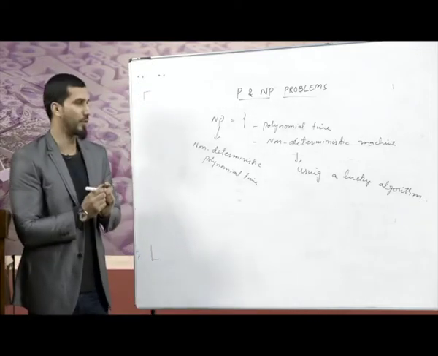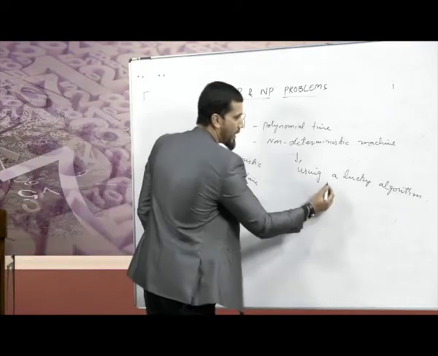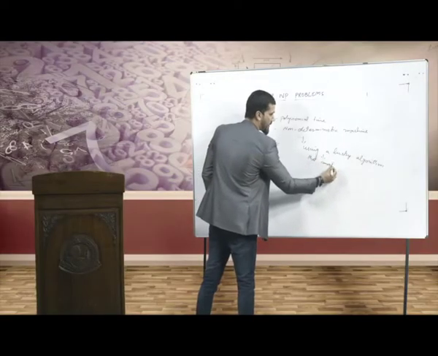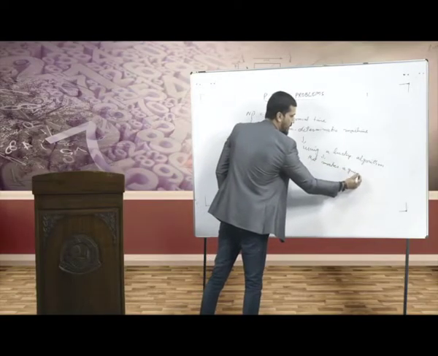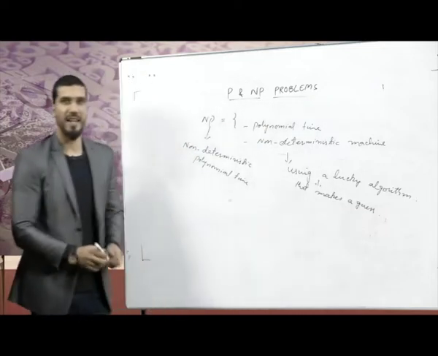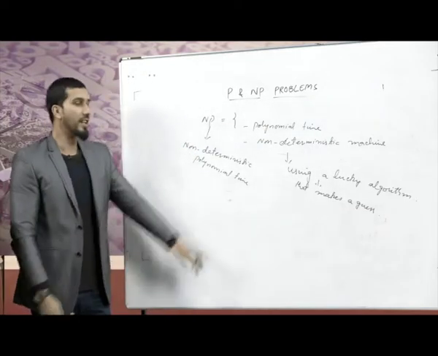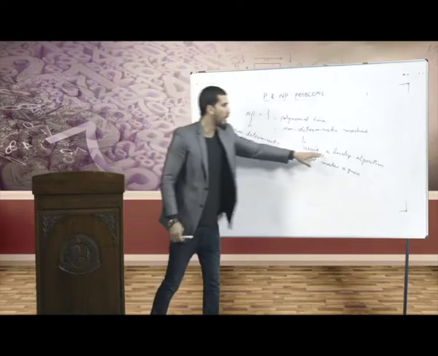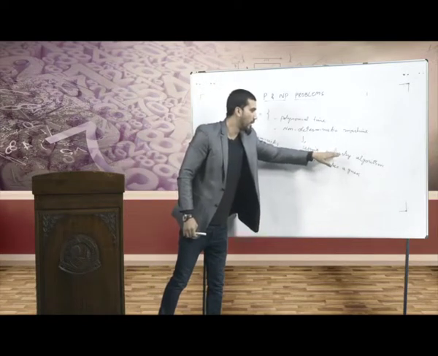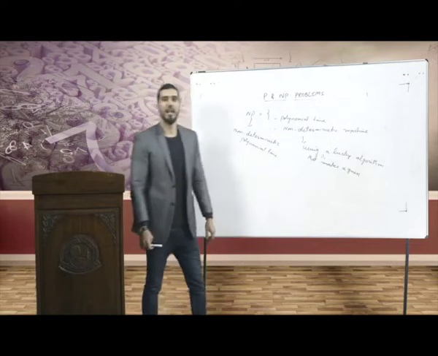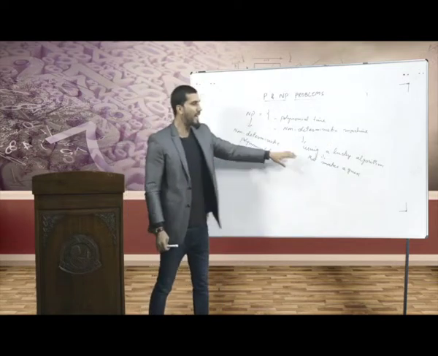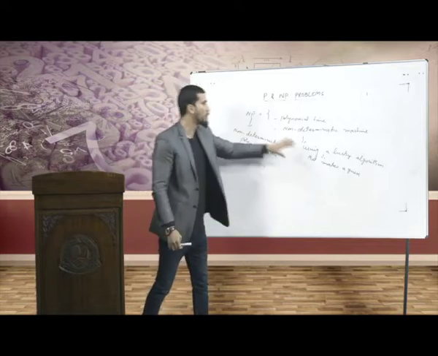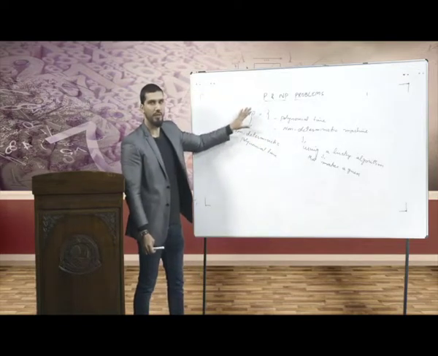What is a Lucky algorithm? A Lucky algorithm is any algorithm that makes a guess. It makes a guess, and magically enough, this guess will always be the right guess. That's why it's known as the Lucky algorithm, because every time it makes a guess, that guess will be right, and that's what we use to solve the NP class of problems.